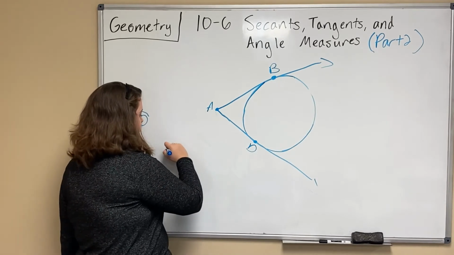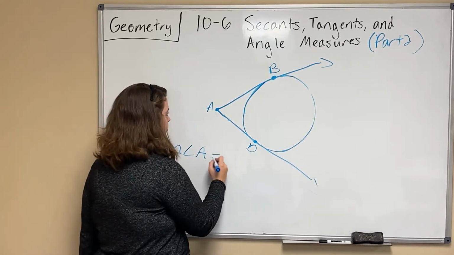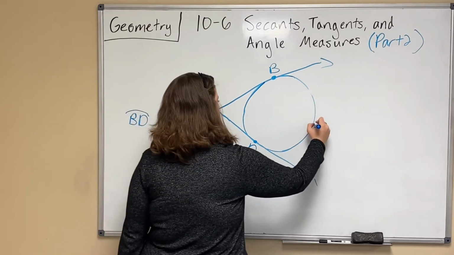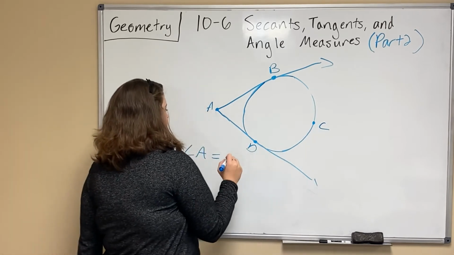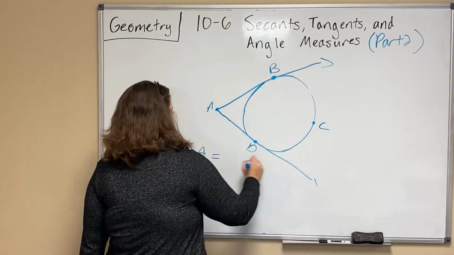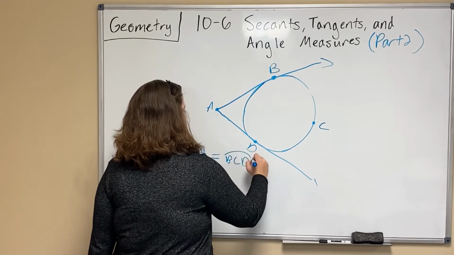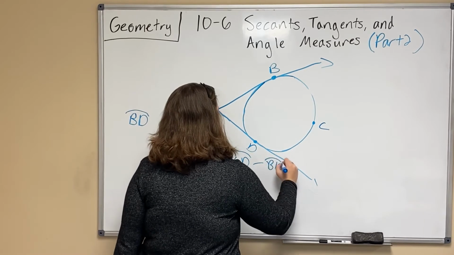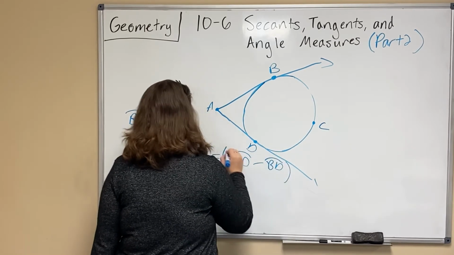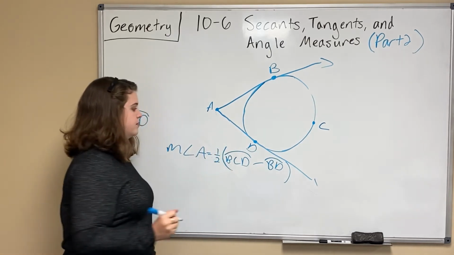Okay, so we're still using the measure of angle A equals, we're going to have to add ourselves another point so our labeling is clear, equals the big arc BCD minus the small arc BD, and all of that times 1/2.